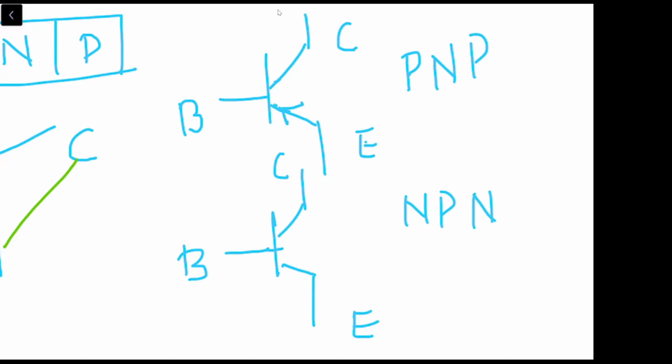So this means the arrow will always be indicating towards the N type. So in this way we can differentiate between the two transistors, either it is PNP or NPN. Are you with me? Yes, sir. Okay.